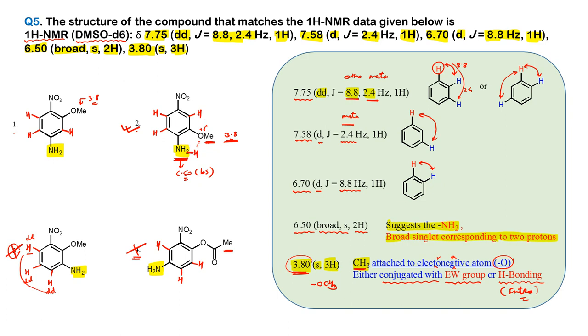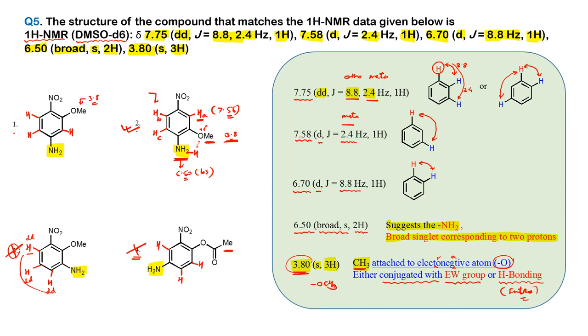And in this case, for the protons HA, HB, and HC: this proton, since it will give only a meta coupling, we may expect it at 7.58.